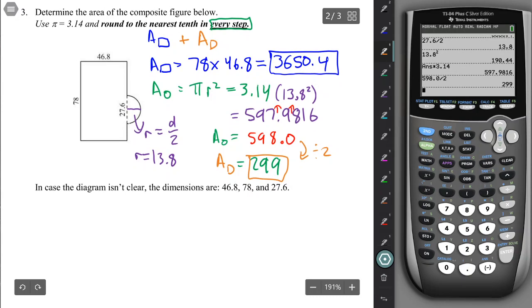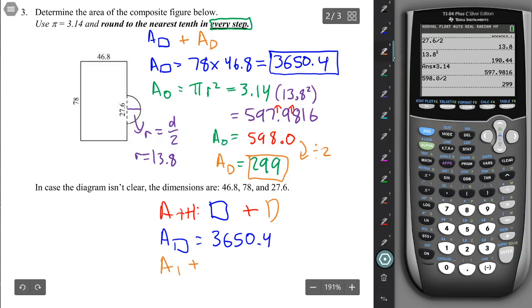So then our total area, we just subtract. Oh no, we add. Sorry, what am I saying? In this case, we're adding because it's going on the outside. So our area total is going to be the rectangle plus the semicircle. So the area of my rectangle is 3650.4 plus the area of my semicircle is 299.